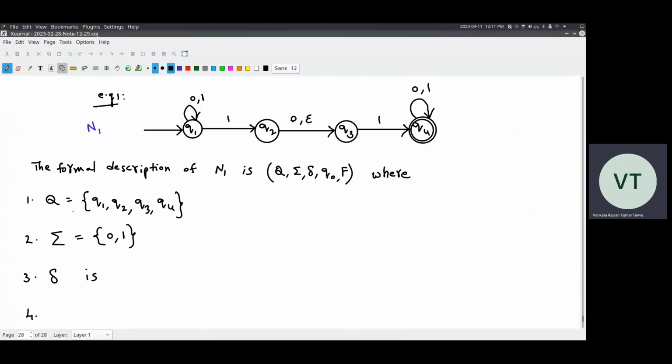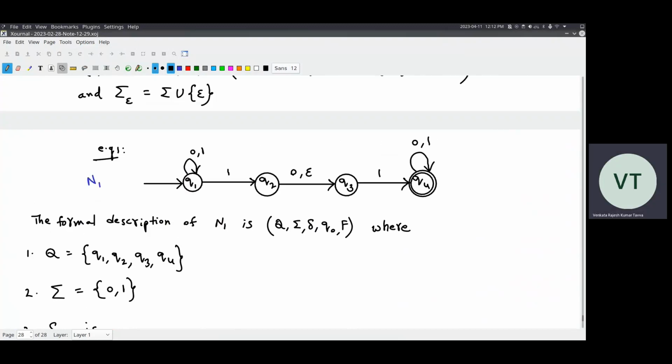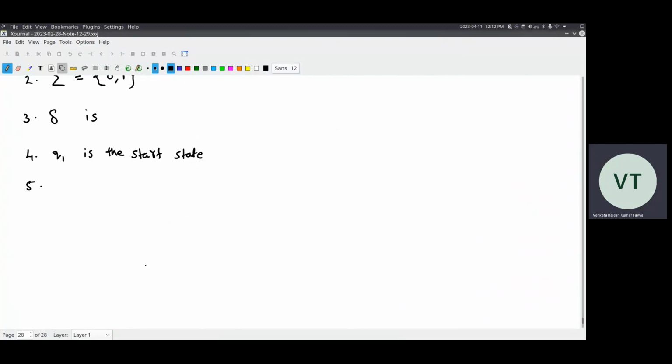What is the start state? Q1. What are the final states? Q4.